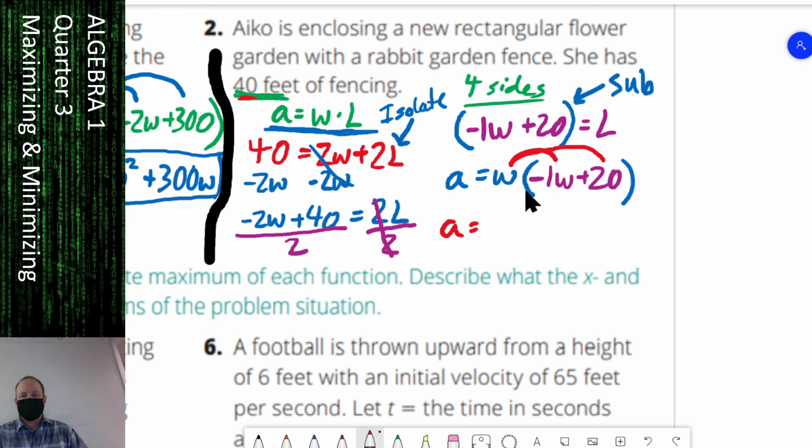It just turns into negative W. So this is going to turn into negative W squared. You could keep that 1 in there if you wanted to, since it's the only number in there. Multiplying something by a negative 1 just turns it negative, though. And then W times 20, how do I write that? Plus 20W. Keep the number first, variable last.